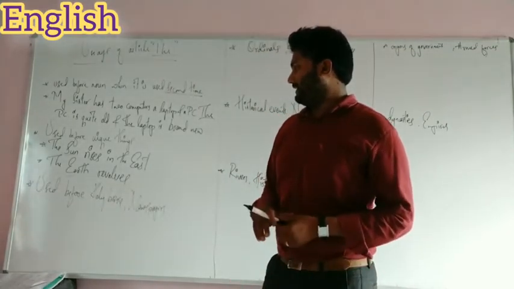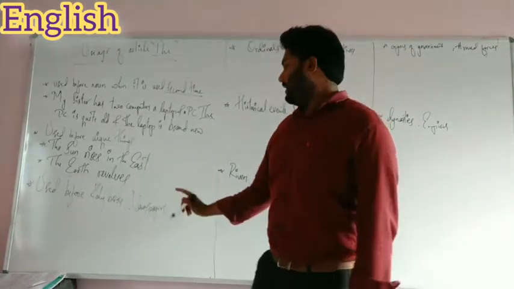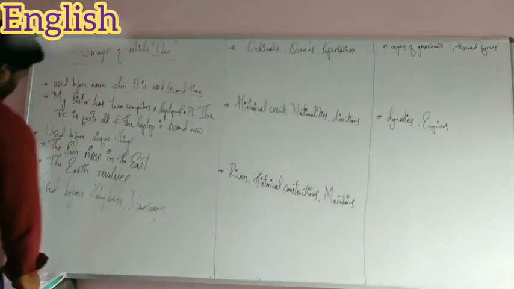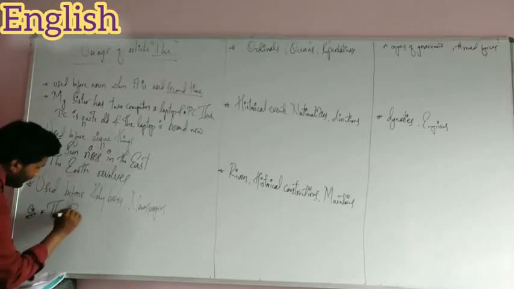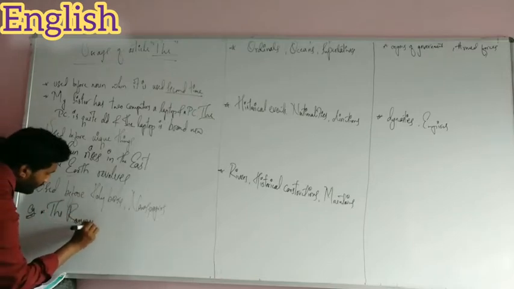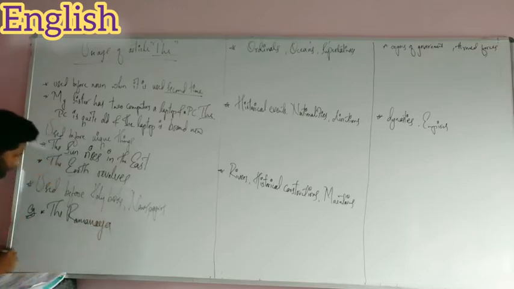Next, the article is used before holy books and newspapers. See the examples. Holy books: the Ramayana, the Mahabharata, the Quran.